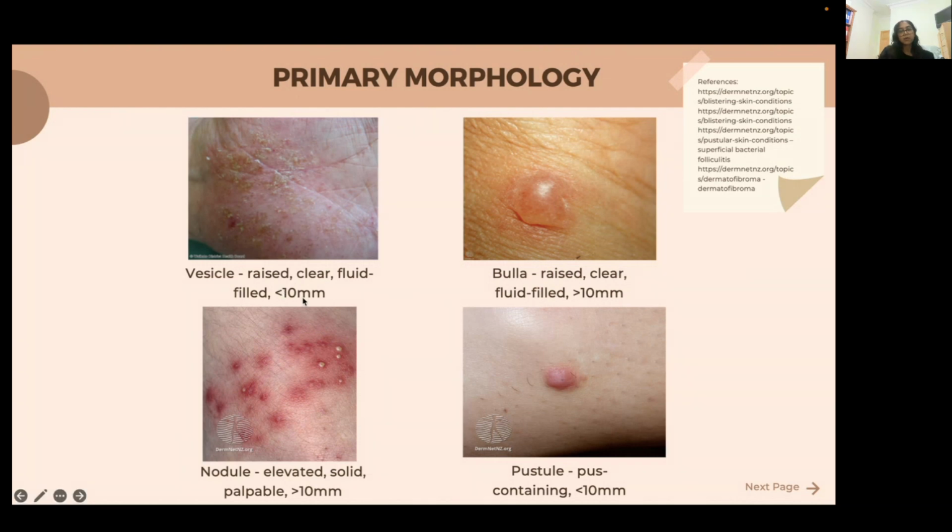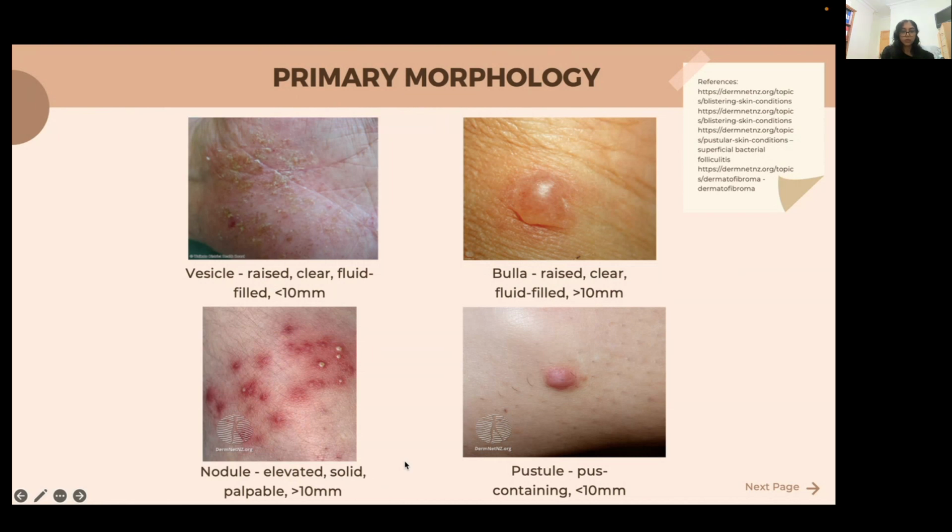So if the lesion is again small, so less than 10 millimeters, if it's raised and if it's filled with clear fluid, we would call this a vesicle. And similarly, if again we've got a lesion that's raised and filled with clear fluid, but it's more than 10 millimeters, so it's bigger, we would call this a bulla. So the difference between a vesicle and a bulla is basically the size of the lesion.